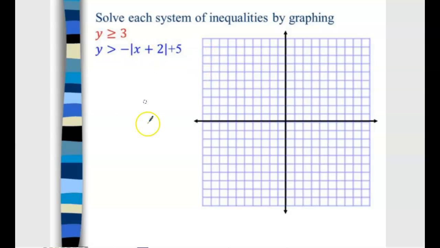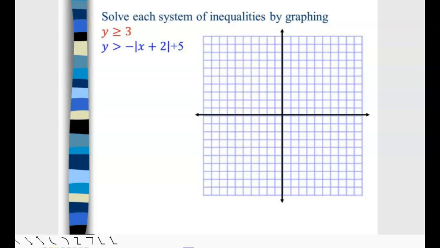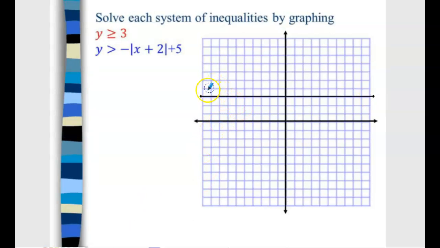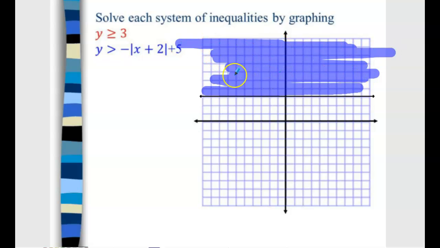We have y greater than or equal to 3. So you draw in a horizontal line at 3. It is greater than or equal to, so it is solid. Y is greater than, so we shade above. Then we're going to graph our absolute value. Its vertex is at -2, +5, so you go -2 and then up 5.